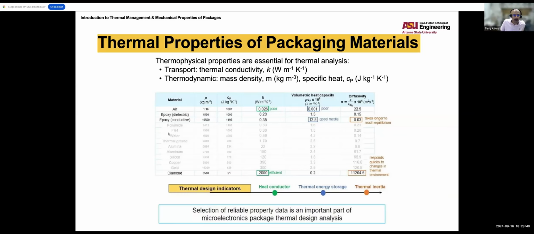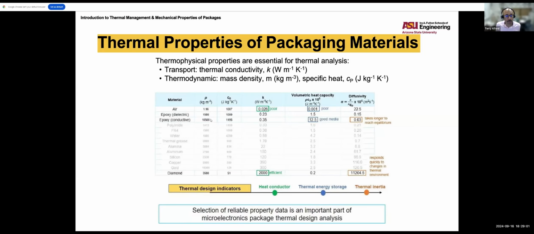This is a polymer, polyimide, epoxy, conductive polymer, and then non-conducting polymer epoxies. We look at their density, mass per unit volume.